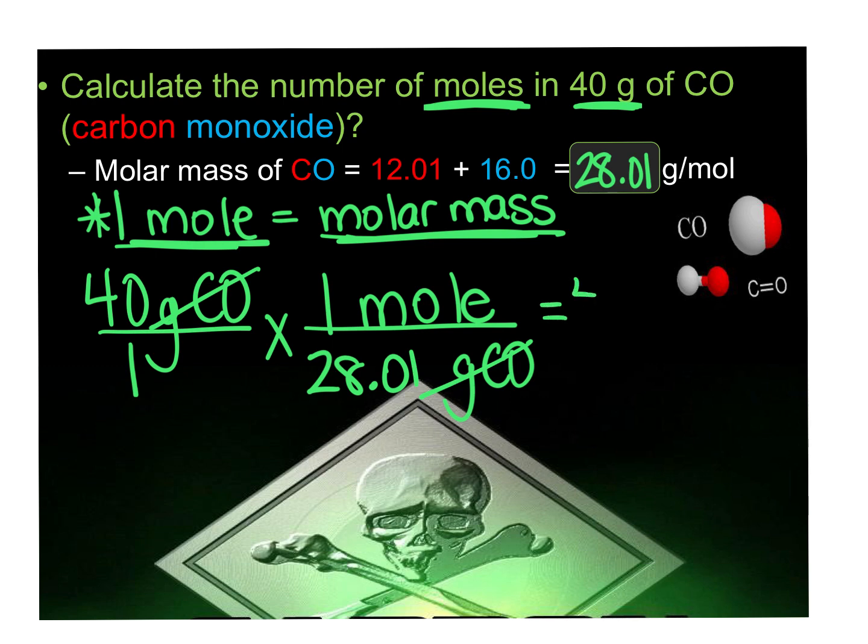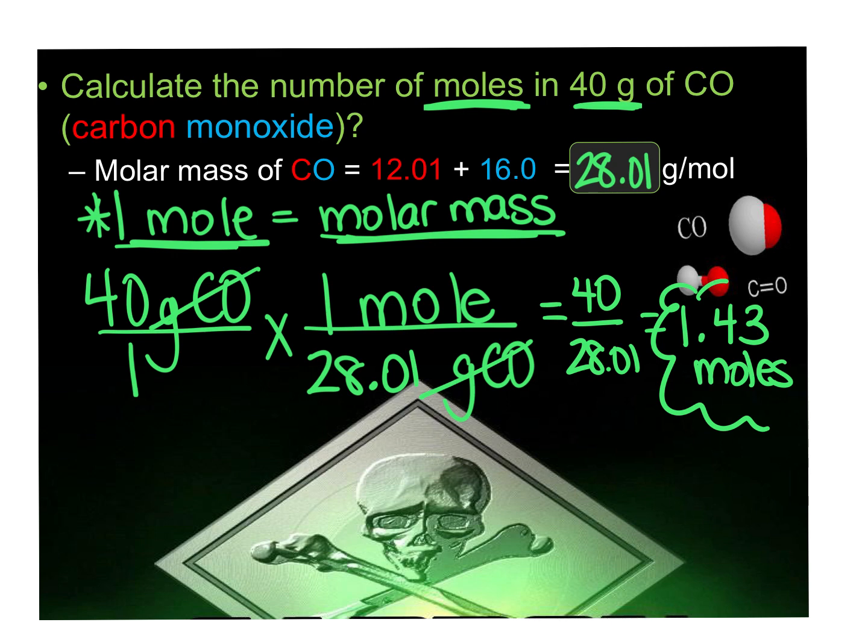So we're going to take 40 and divide it by 28.01, and that's going to tell us how many moles of carbon monoxide we have. So there are 1.43 moles of carbon monoxide in 40 grams of carbon monoxide.